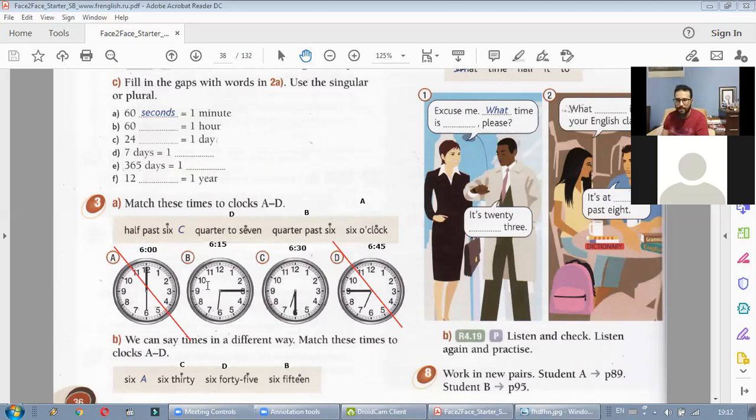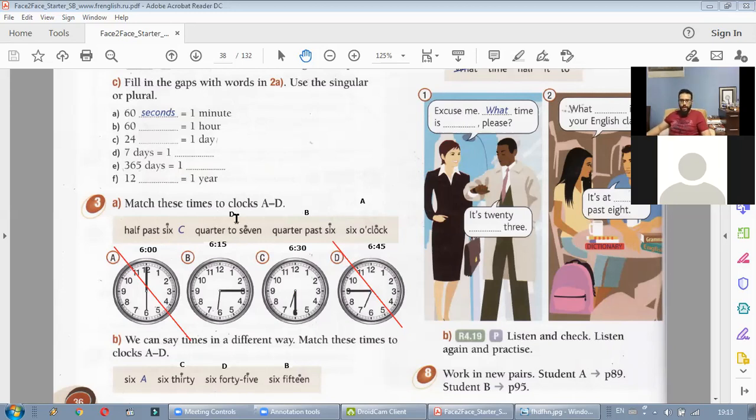Okay, you get the idea? So the second way is like the digital time. You should say it like the digital clock or the digital time. The first way is the classic, traditional way, with half past and quarter to. So you have two different ways of talking about time.